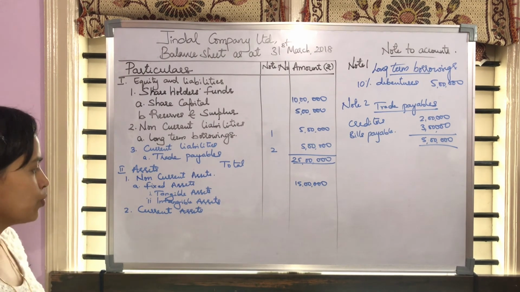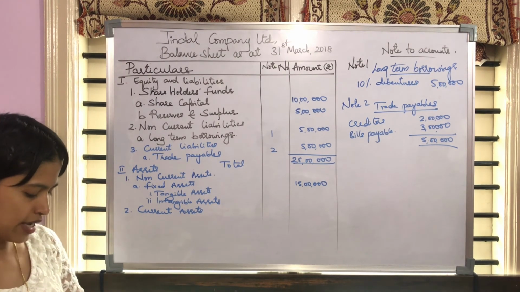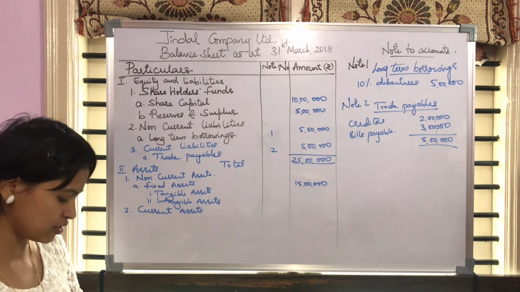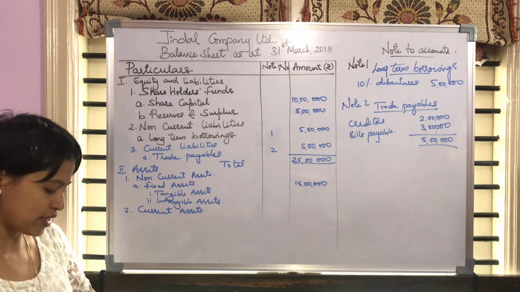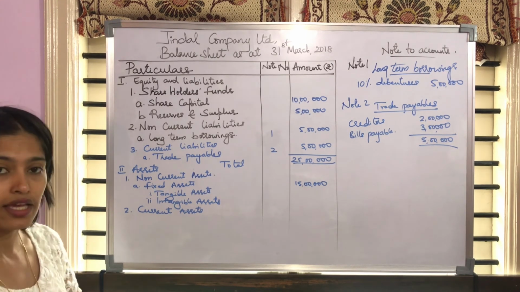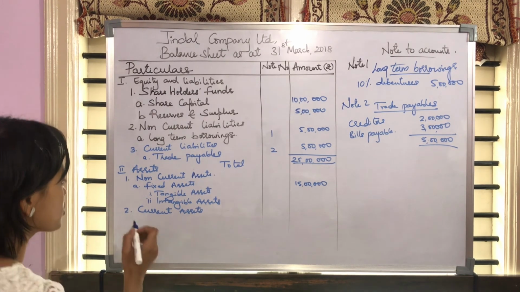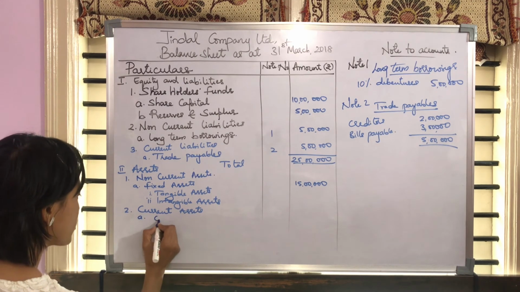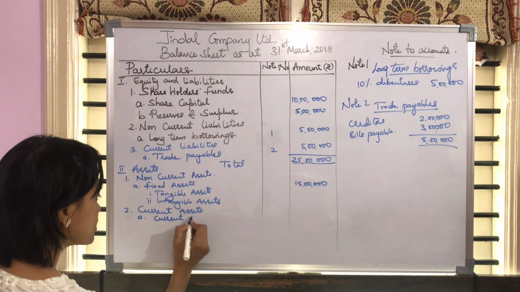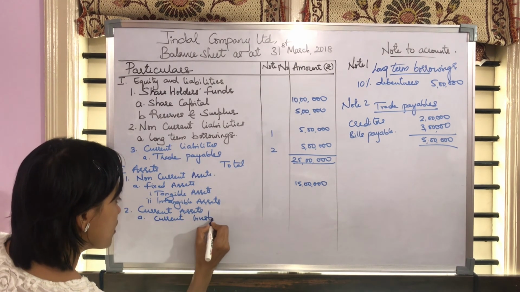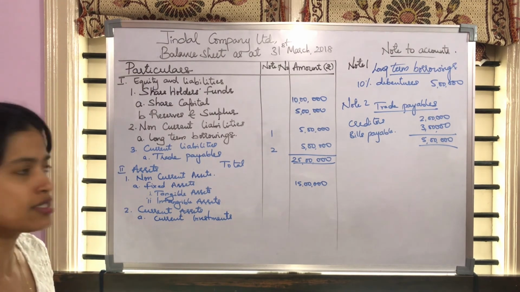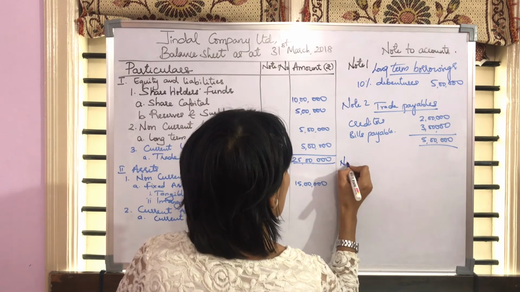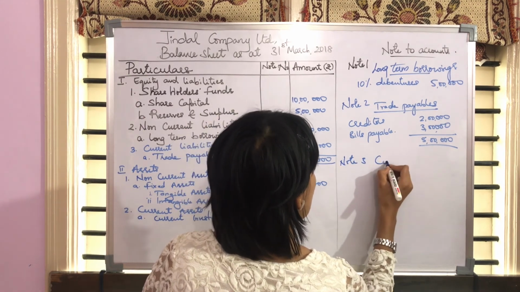With respect to current assets, students, again if you follow the question, they have given us trade receivables, short-term investments, cash and cash equivalents. So first and foremost, I will write current investments. You have to follow the procedure. For current investments, we need to prepare note number 3.